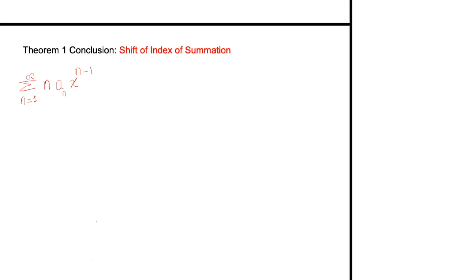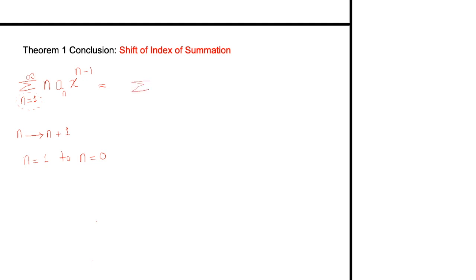Now by shifting the index of summation by plus 1 in the series on the left, that is, we simultaneously increase the summation index by 1, replacing n by n plus 1, and decrease the starting point by 1 from n is equal to 1 to n is equal to 0, thereby obtaining the series on the right hand side as.